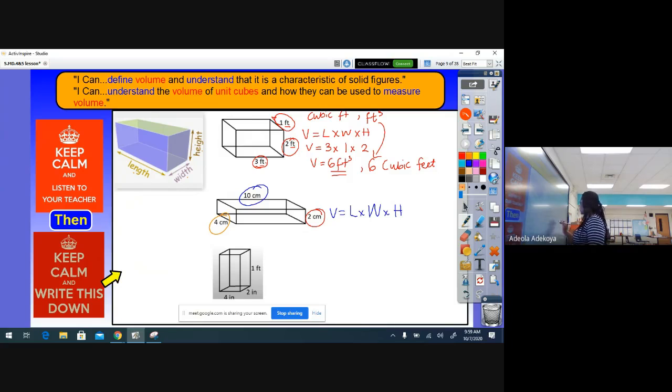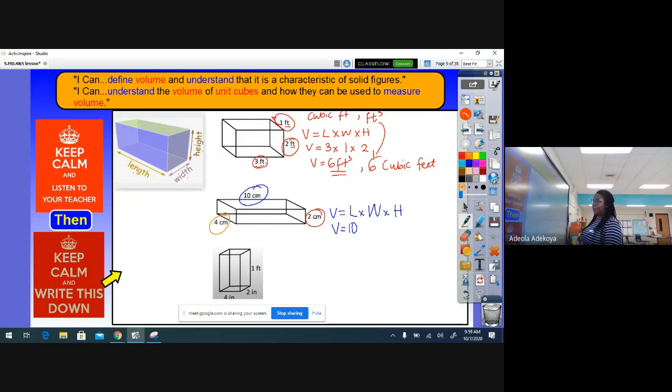For my volume, I've got a length of 10. Notice that the units for this particular object, a rectangular prism, are in centimeters. So my answer this time is going to be in cubic centimeters.